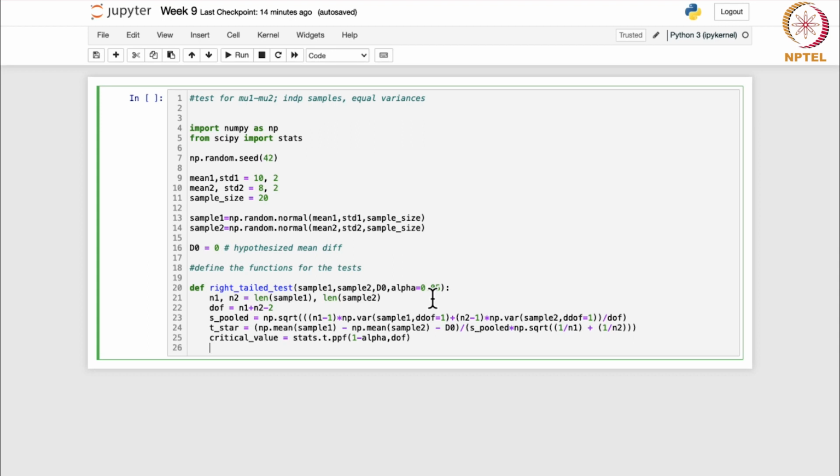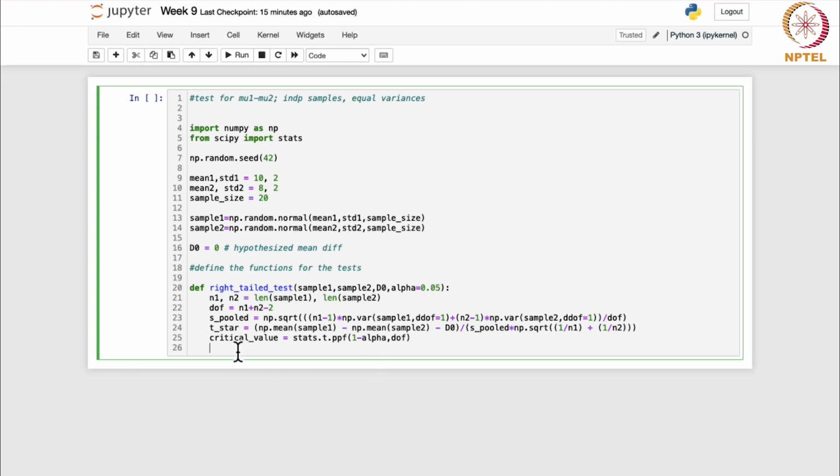Okay, so in the theory you might have seen that we compare the t star value with the critical value t suffix alpha. Since alpha is 0.05 in this case, alpha is the region to the right of the critical value. However, in Python, when you use the PPF function, we are looking at what is to the left of that particular critical value. So that is why we write 1 minus alpha over here.